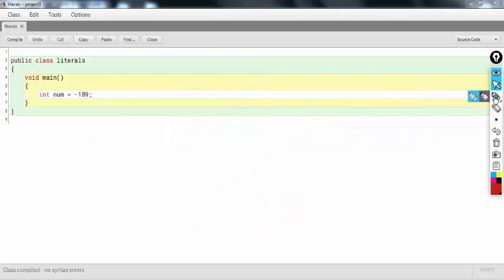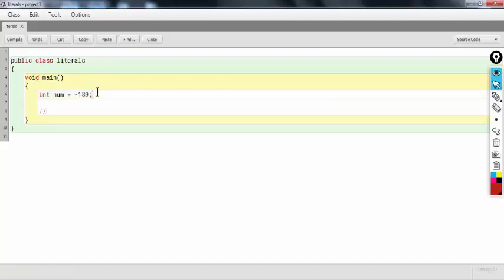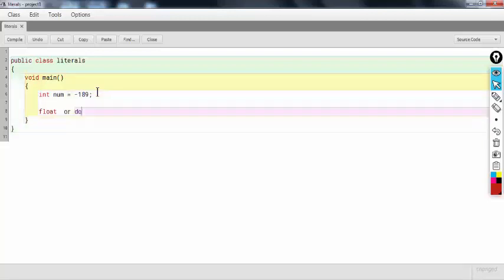Now, integer literals are represented by which data type? They are represented by the int data type. But real literals can be represented as a float type of data, or a double type of data.